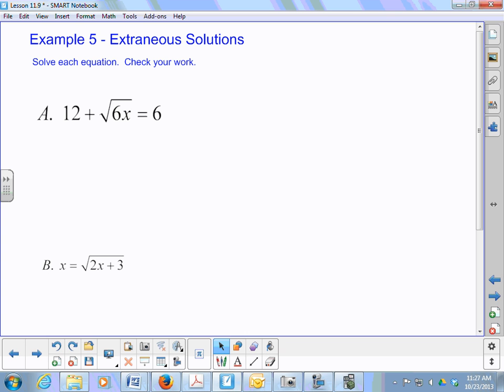And the answer is no, because it says it's a positive square root in this case. So in reality, is this possible? No. So this is one of our good friends, Mr. No Solution.